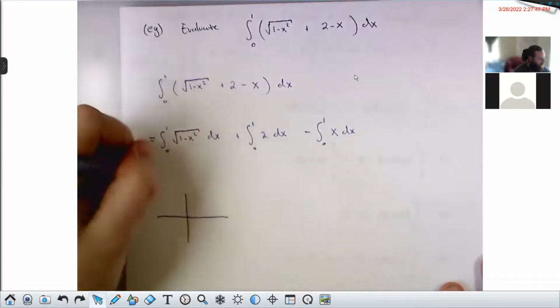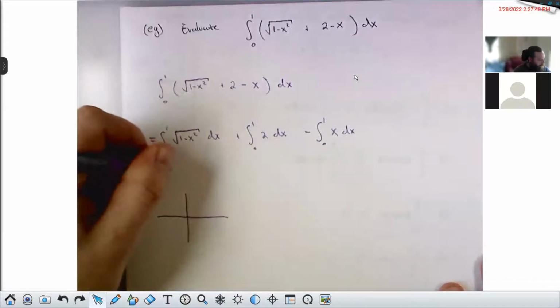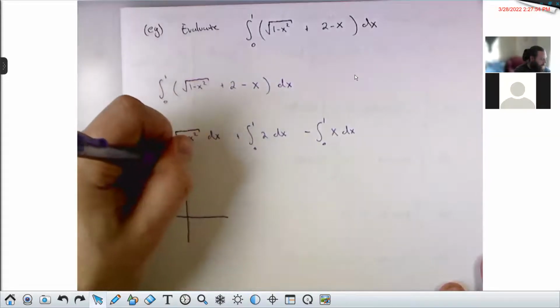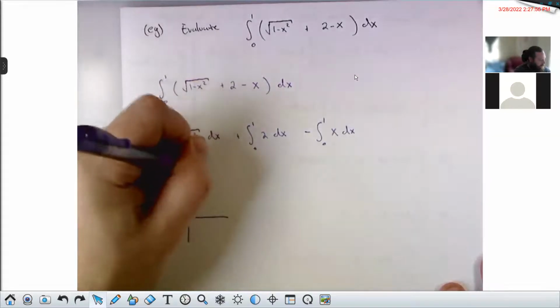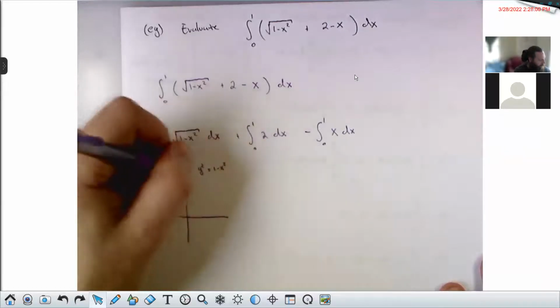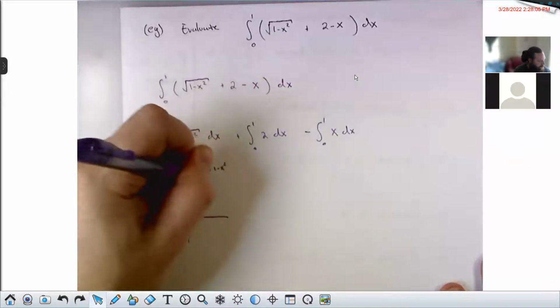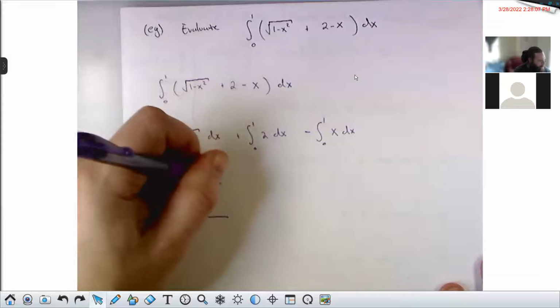If I let y be the square root of 1 minus x squared, that's the same thing as saying y squared equals 1 minus x squared, which is the same as saying x squared plus y squared equals 1.